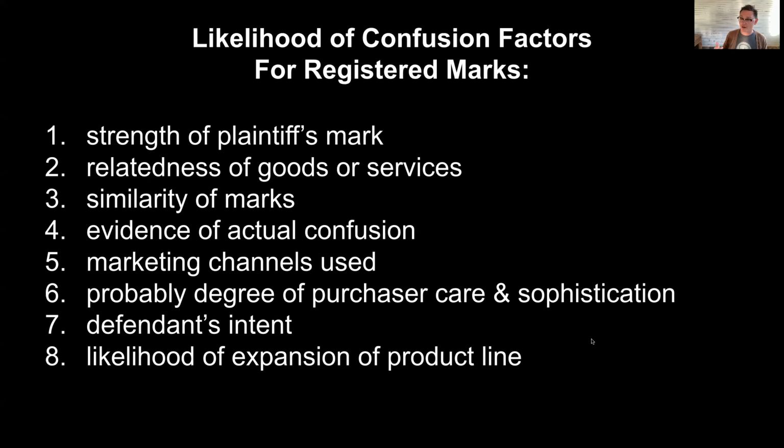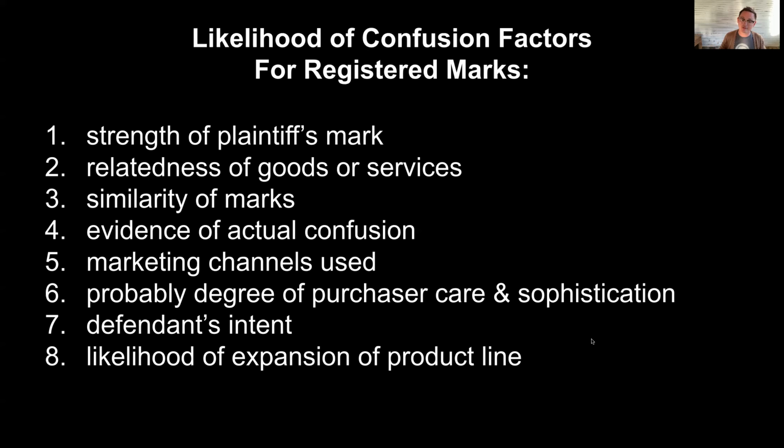In other words, are consumers likely to be looking carefully at the products, or are they going to be more in a hurry or not paying that much attention? The intent of the defendant. In other words, did the defendant intend to trade improperly on the plaintiff's goodwill, or were they inadvertently taking a mark that they didn't realize was potentially going to be troublesome or problematic?